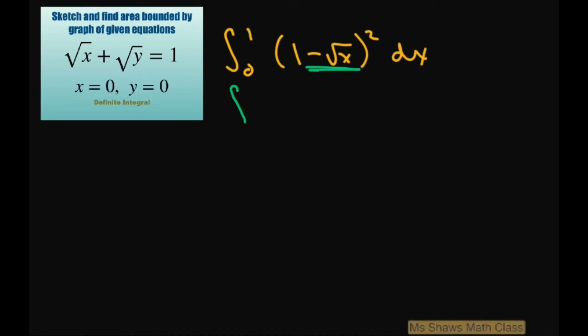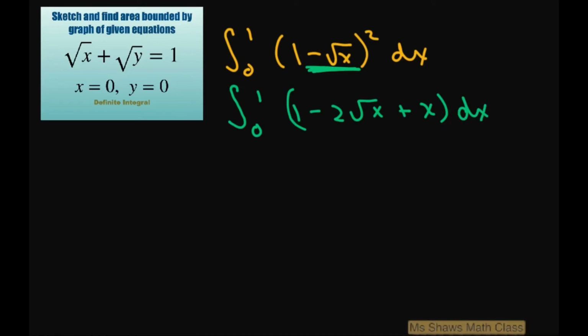So I'm going to write this as the integral from 0 to 1 of (1 minus square root of x) squared dx. Let's go ahead and expand this. Using your factoring facts, this is a perfect square trinomial. So this would be 1 minus 2 square root of x plus x, dx.